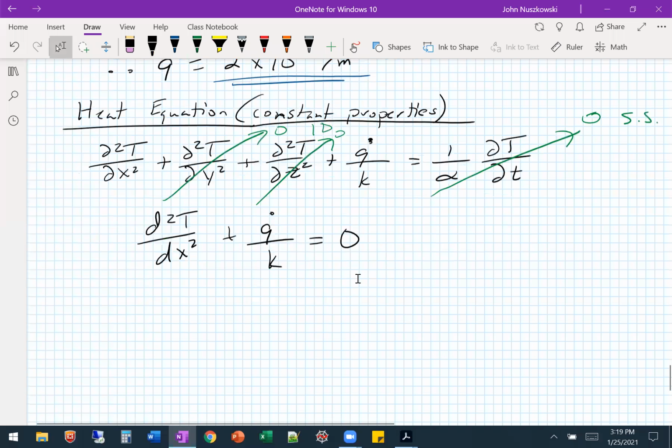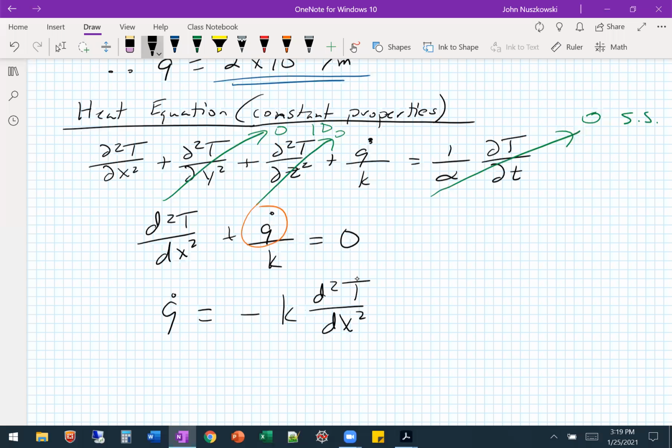Okay, so if we rearrange for the volumetric heat generation rate, we have this.